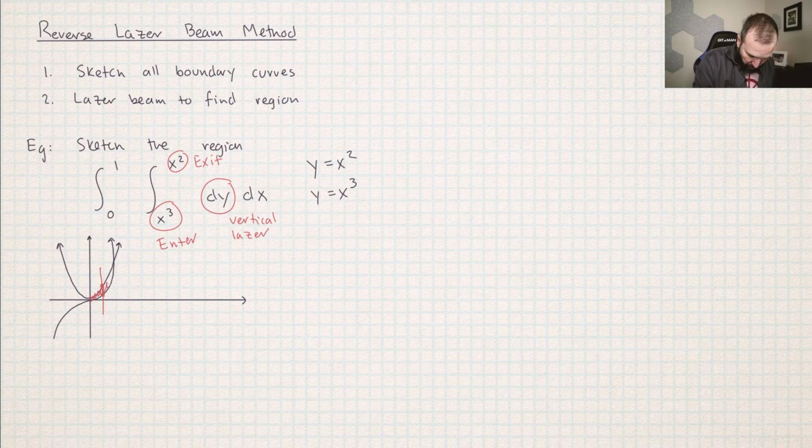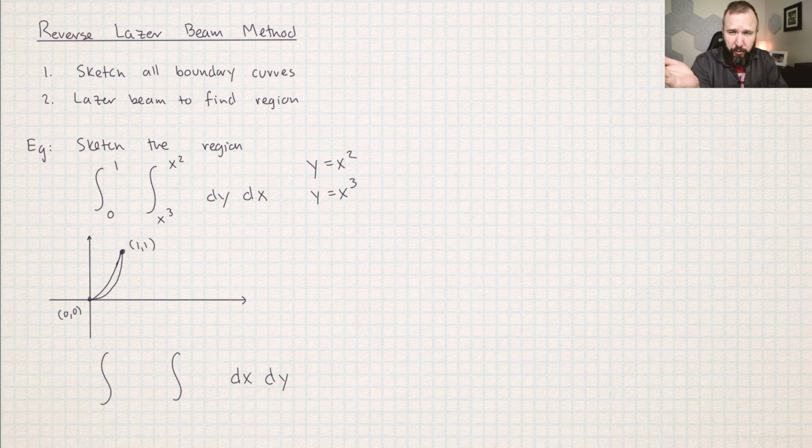So I am doing all of that region right there. Should I color in this piece over here? No, I shouldn't, because I am only using the vertical laser beams that go in between 0 and 1. That's the thought process I use to decide that the region is this crescent moon shape. Let me just clean up this picture.